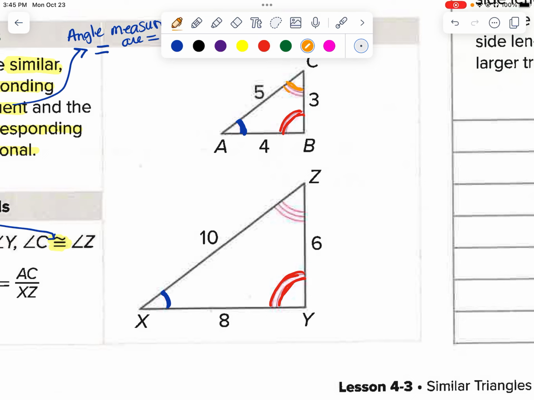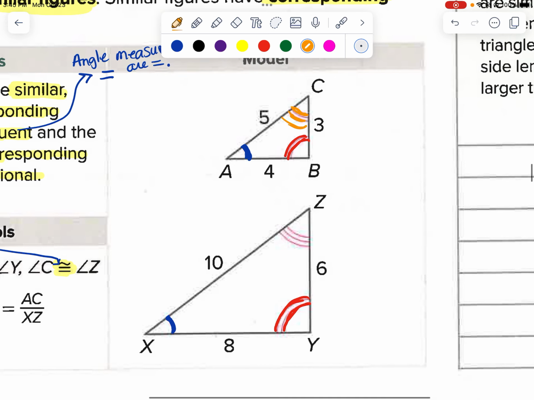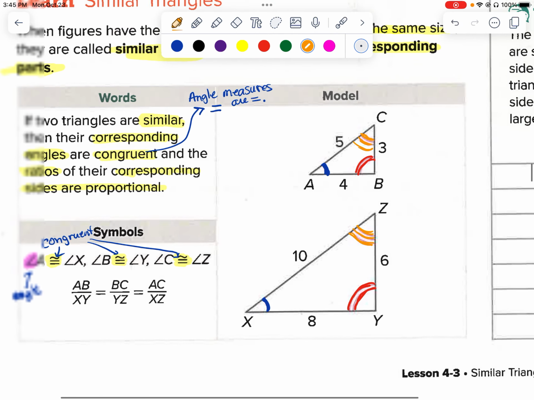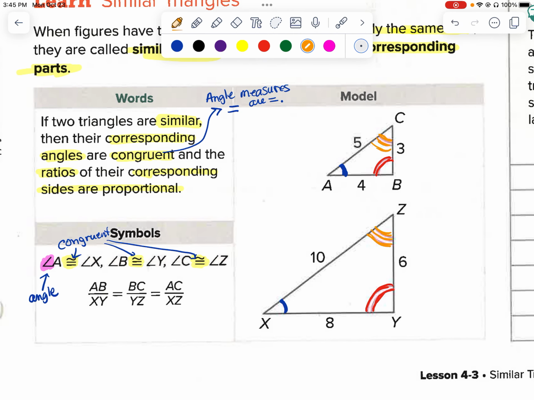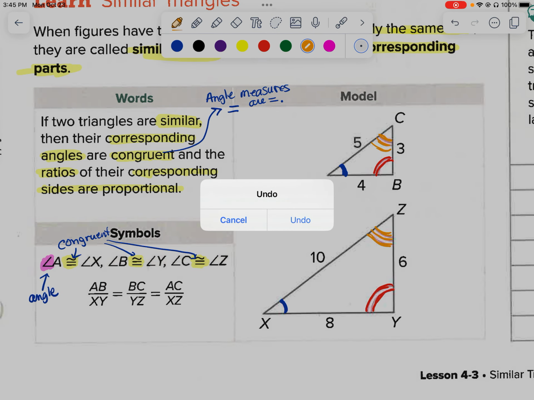Then we have three arc marks for angle C and angle Z. So angle A and angle X are congruent. Angle B and angle Y are congruent, and angle C and angle Z are congruent. In order to have similar triangles, that has to be true. Now, could we flip the triangles upside down and move them all around? Yes.